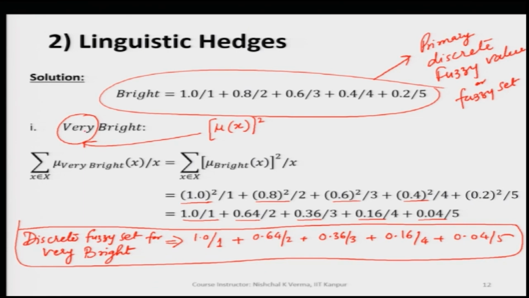Very comes with squaring of the membership values, or the membership function in case of a continuous fuzzy set. If the fuzzy set is discrete, we simply square the respective membership values, but if it is continuous, we simply square the continuous membership function that has been given for the primary set.